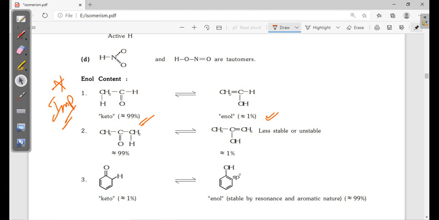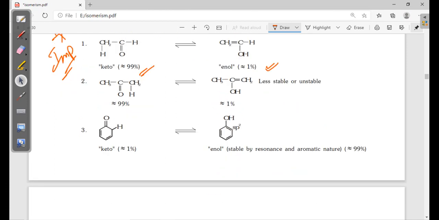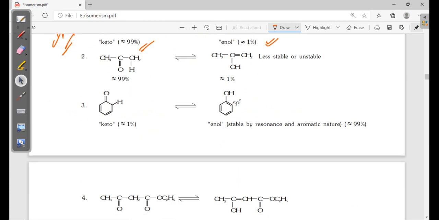In the case of this keto and enol, the enol is more, almost 99%. Why? Because it has a benzene ring. Benzene means aromatic. Aromatic compounds are more stable, and the more stable form will be formed automatically.